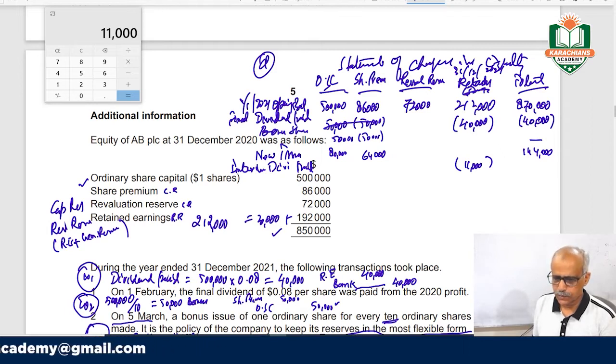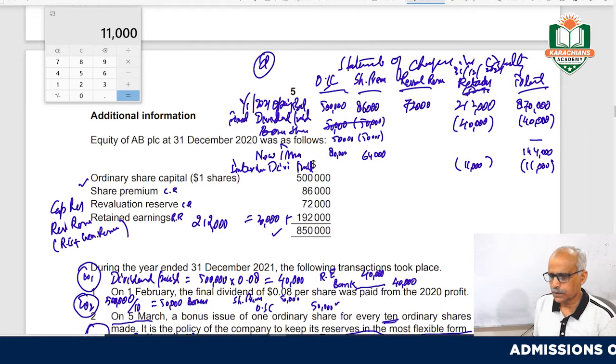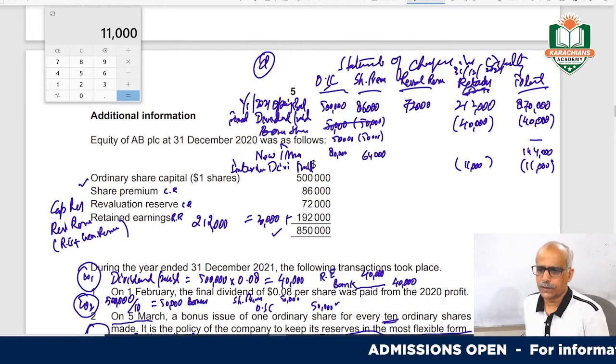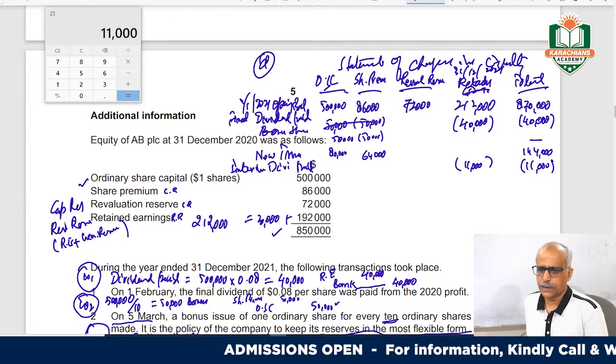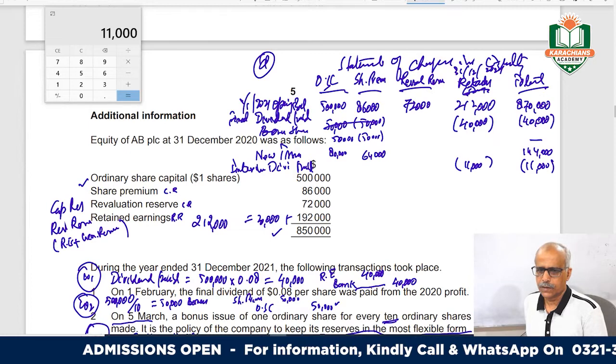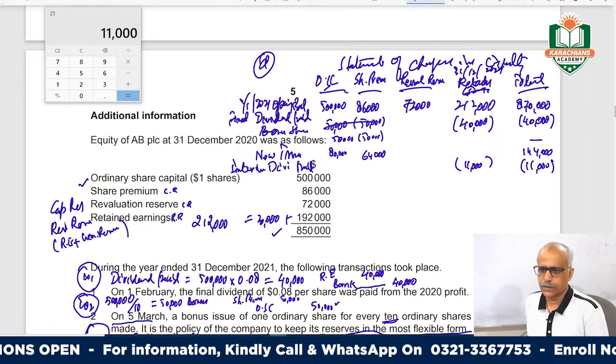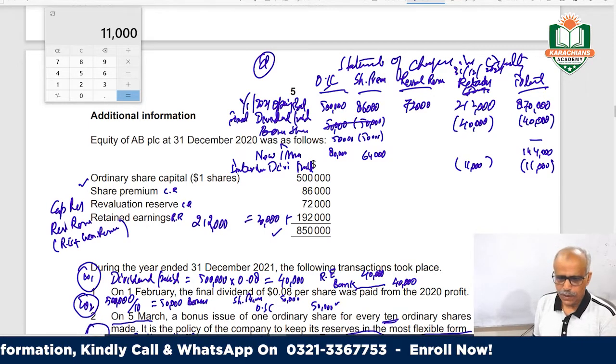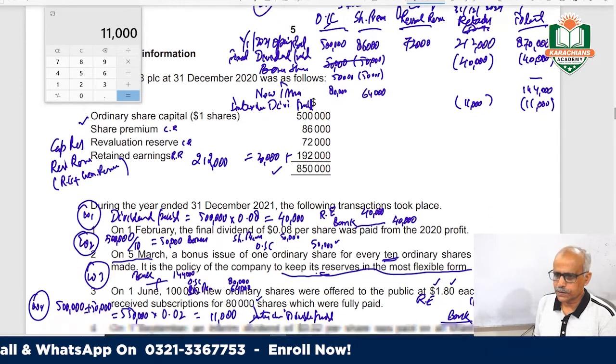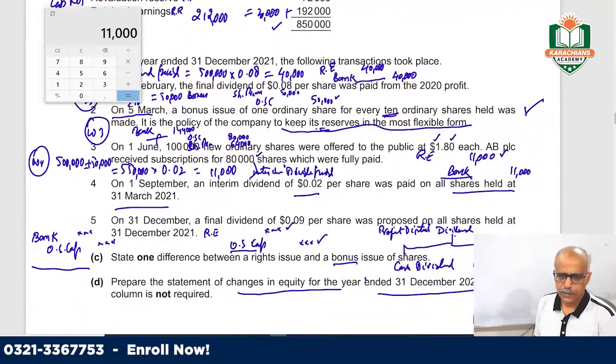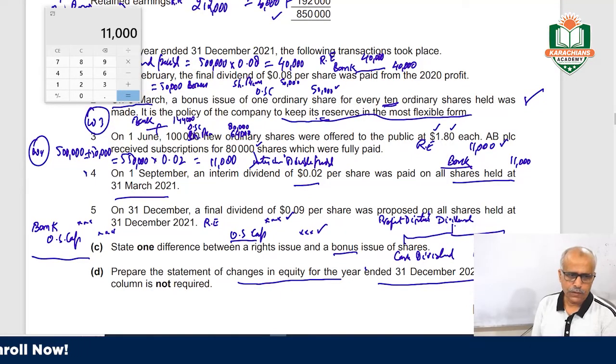How much? It was 11,000. So 11,000. Your total equity will get reduced, right? Okay, fine. Now, what else is there? We have done with this 4.